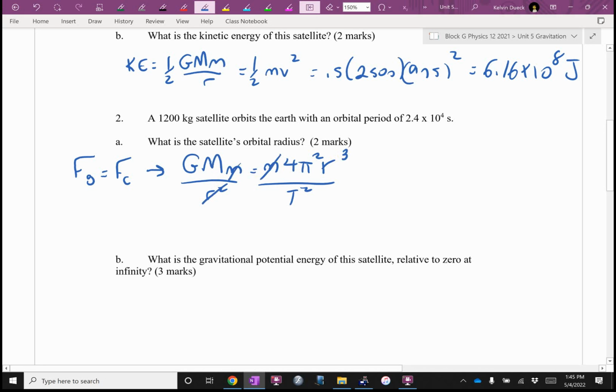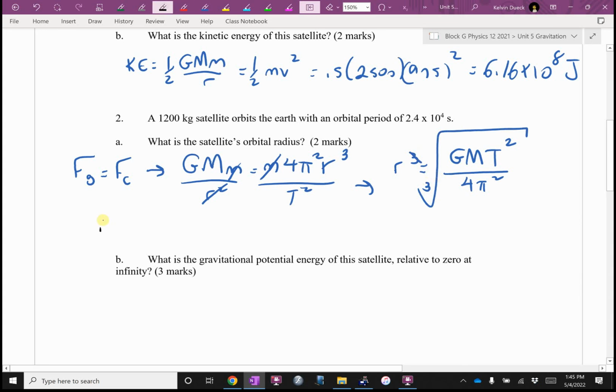Little m cancels. In fact, I think I'm going to get r cubed equals, because stuff moves diagonally, big G, big M over t squared divided by 4 pi squared. How does that help me? How the heck do I get rid of a cubed? Oh, cube root. I get to use my cube root button? That's always a happy day.